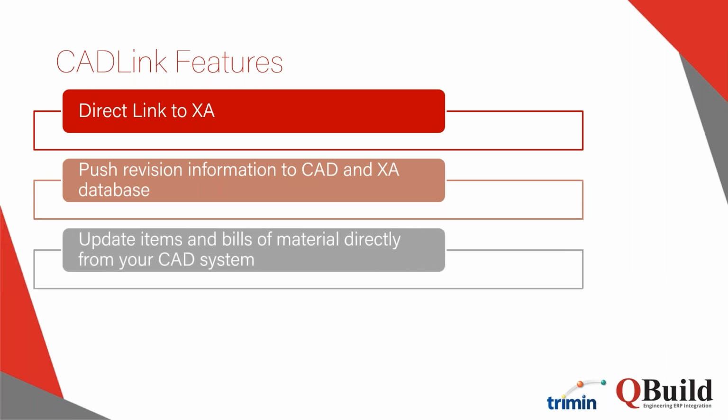And I'm also able to update those items and BOMs directly from my CAD system as well. So I didn't actually have to ever leave my CAD system. It was all done directly through that, pulling in that CAD system's information and data.